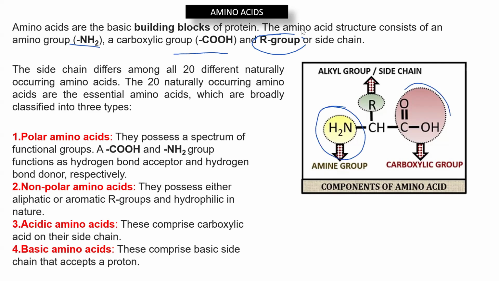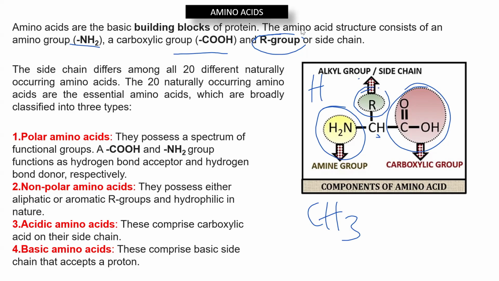This is the amino group, this is the carboxylic group, and this is the R side chain. And of course, there is a free hydrogen. This R side chain is what makes one amino acid differ from another. Like in glycine, the R side chain is hydrogen. Like in alanine, the R side chain is CH3. So each amino acid is specified by its own R side group.